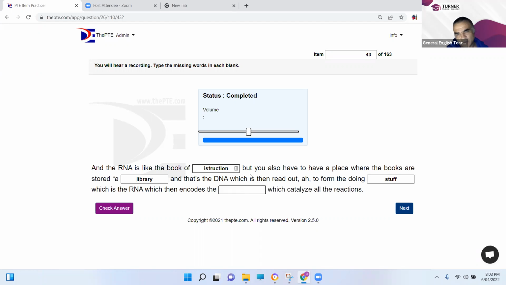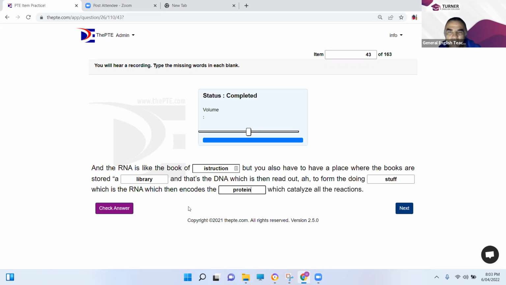Next. Protein. How do you spell it? Do you spell protein in the same way in your language? Yeah. Okay, that's good. Because in some languages it's different, especially for those who speak Spanish.